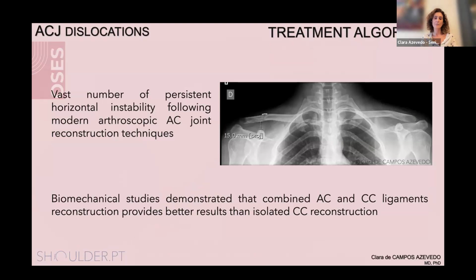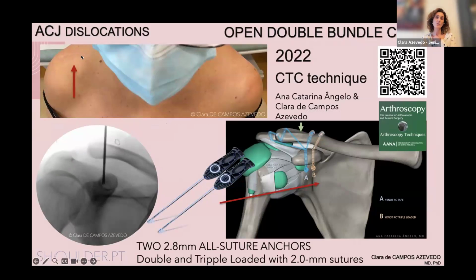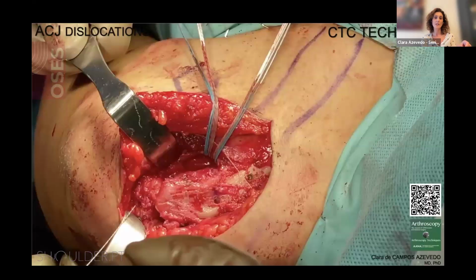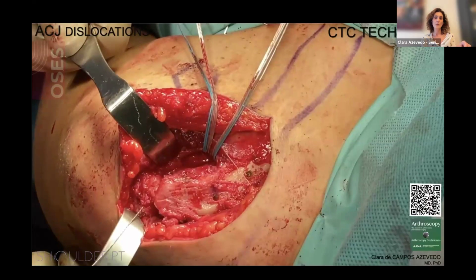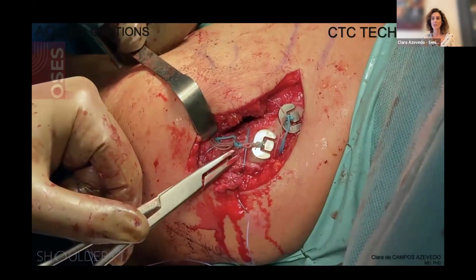And the justification for changing to open, Alex, was that we can, through a small incision, which is almost the size of the incision we had to do when we did it arthroscopically, to do the tunnels on the clavicle. So we increase it a little more, and this way we can, for me it's the most important thing, repair the delta trapezial fascia.